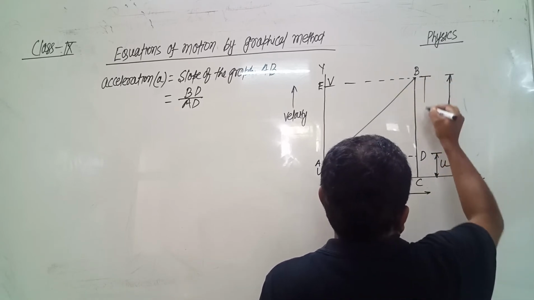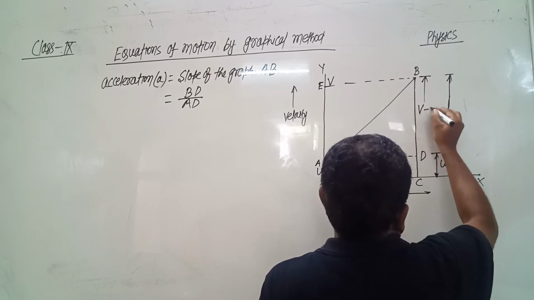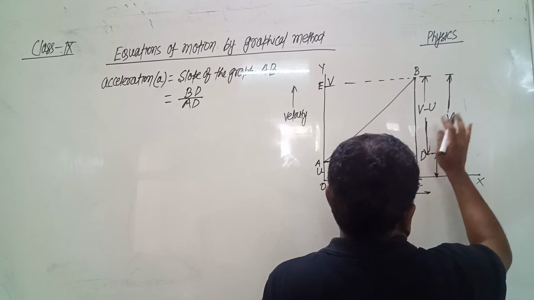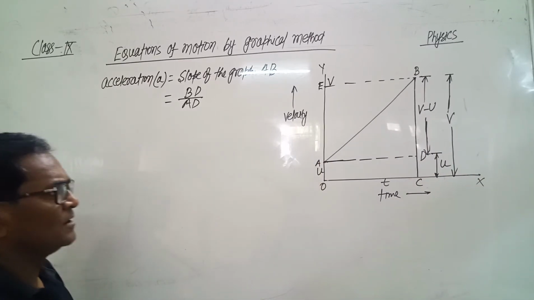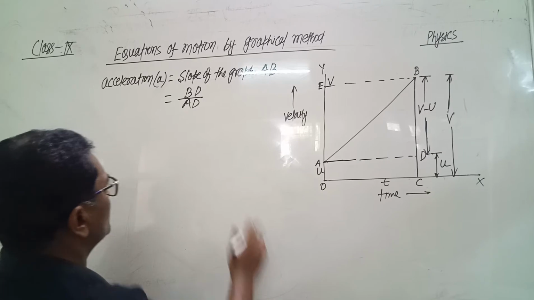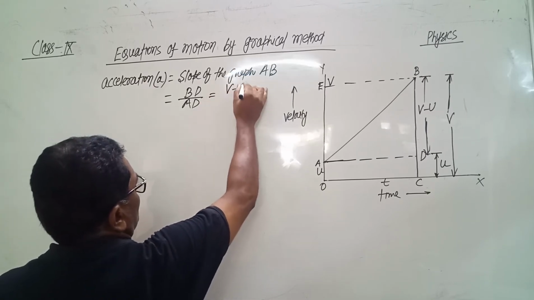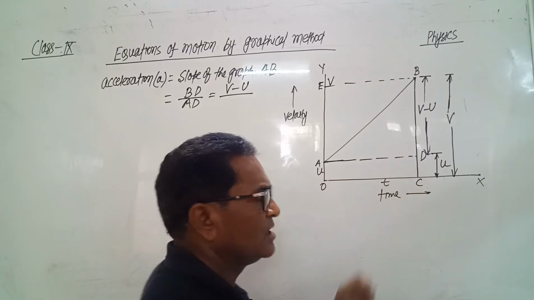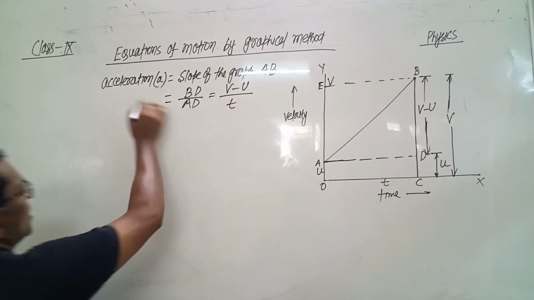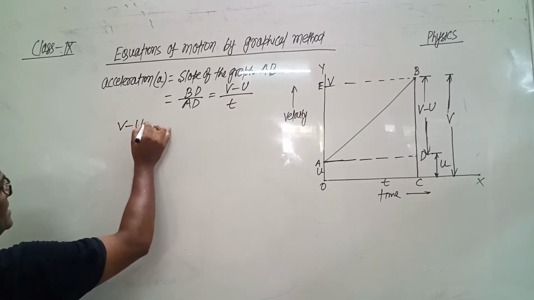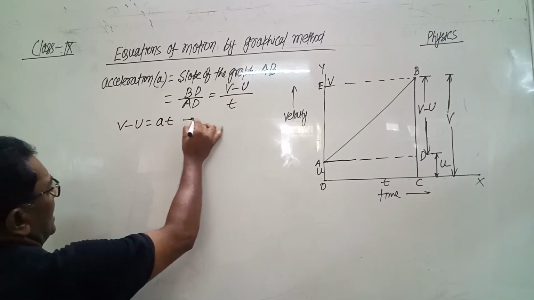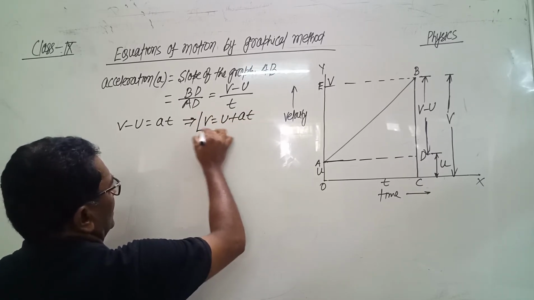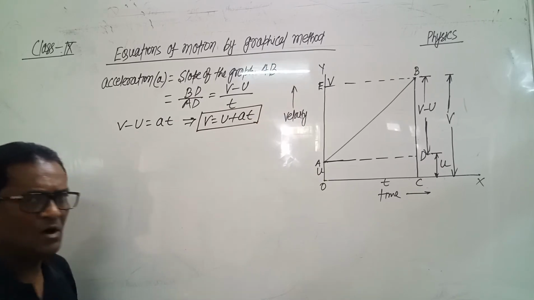Then BD becomes v minus u. So BD is v minus u, and AD is equal to OC, which is t. Do cross multiplication, so we get v minus u equals at, and v equals u plus at. This is the first equation of motion.